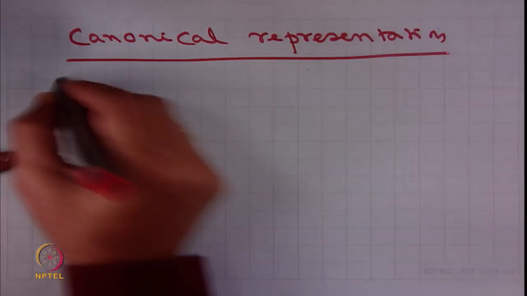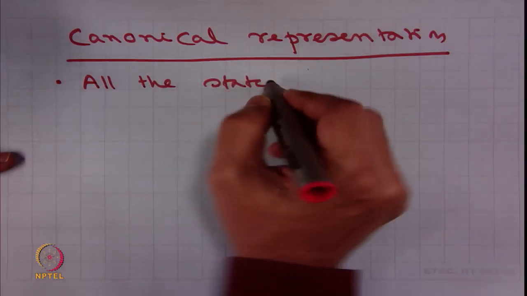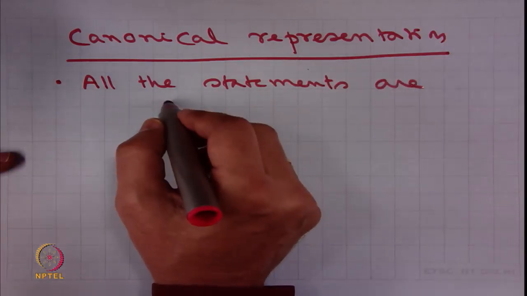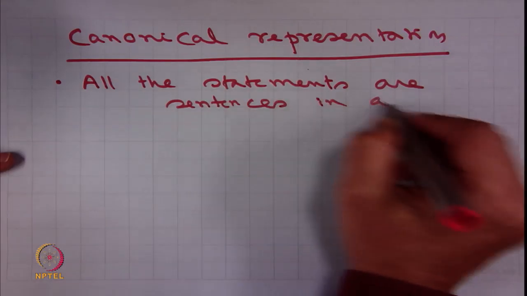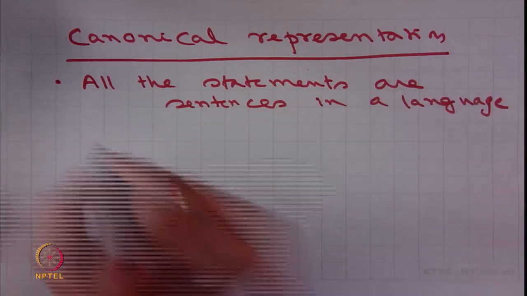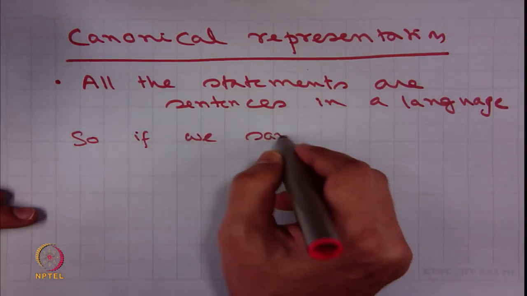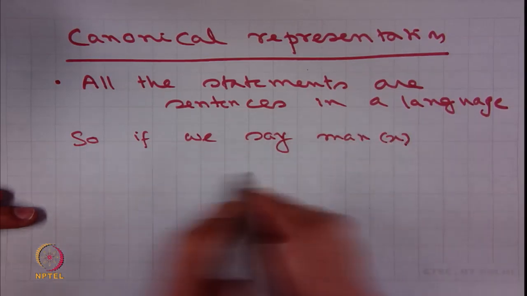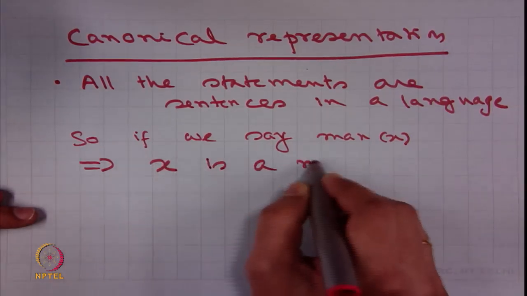If we notice that all the statements are sentences in a language. So, if we say man x, it implies x is a man.